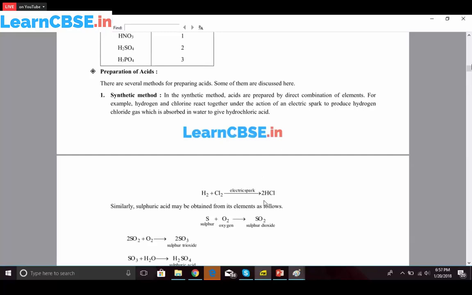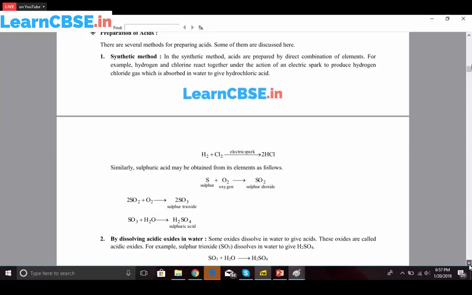Once it is produced in the form of gas, as the gas comes outside from the reaction, we immediately have to dissolve it in water and it will produce hydrochloric acid. Similarly, sulfuric acid may also be obtained from the following elements.